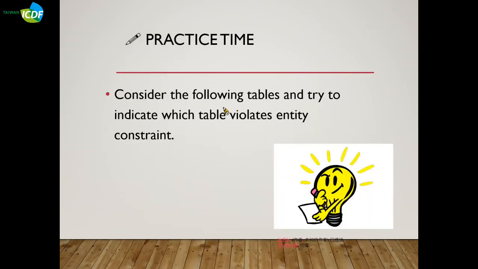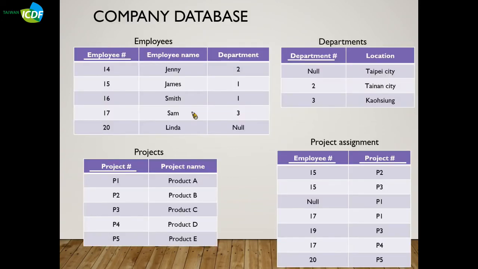And now, everyone can consider the tables in the company database to check whether these tables satisfy the entity integrity rule. And here is a tip for you. Students can check the value of the primary key. For example, here employee number is the primary key of the employees table.